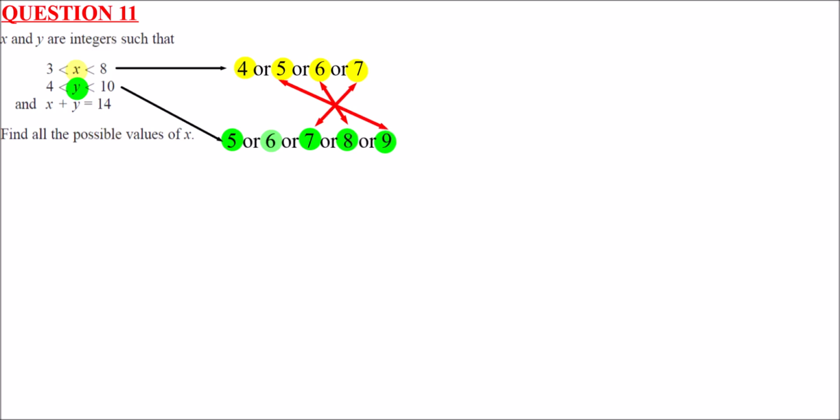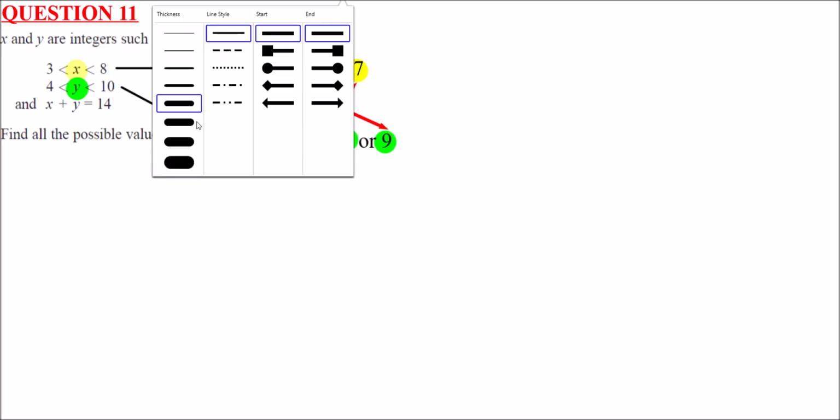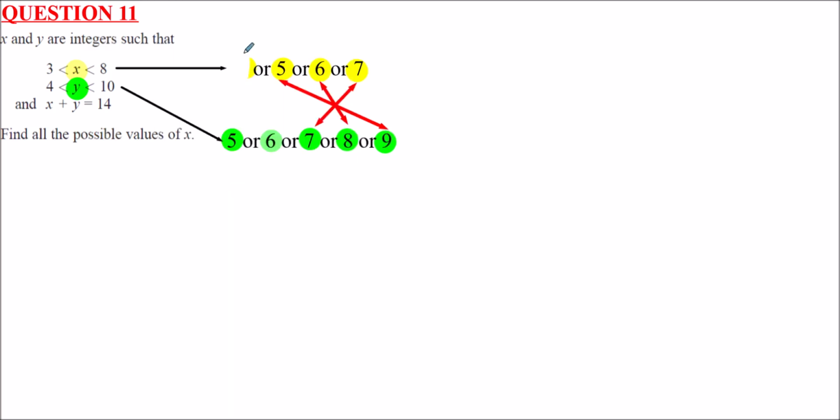So therefore, actually x can't be 4 in the end because that's just too small for it to work. So I just cross off that, hence only leaving 5, 6 and 7 as the actual possibilities for x that work. So x is either 5, 6 or 7.